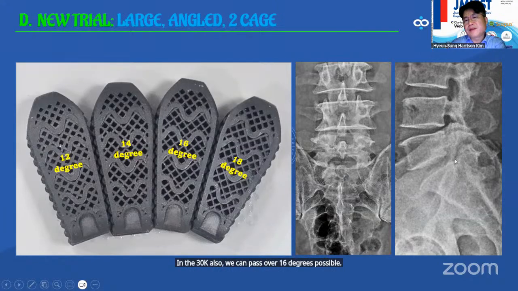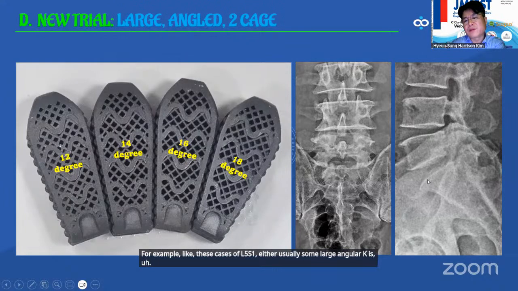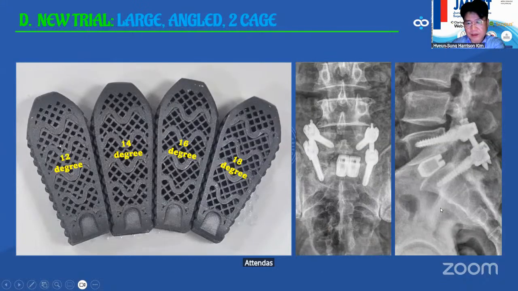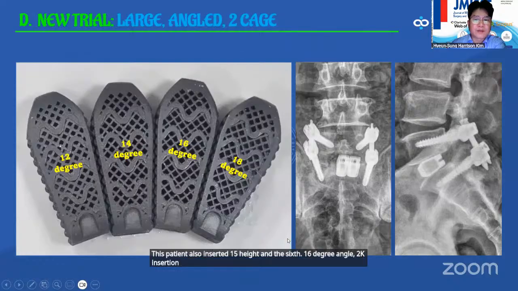For example, like this case of L5S1, usually a large angle cage is needed for correction of the alignment and increasing the disc height. After endoscopic lumbar interbody fusion, it is possible. This patient also had a 15 height and 16 degree angle cage inserted, with 2 cages performed for this patient.